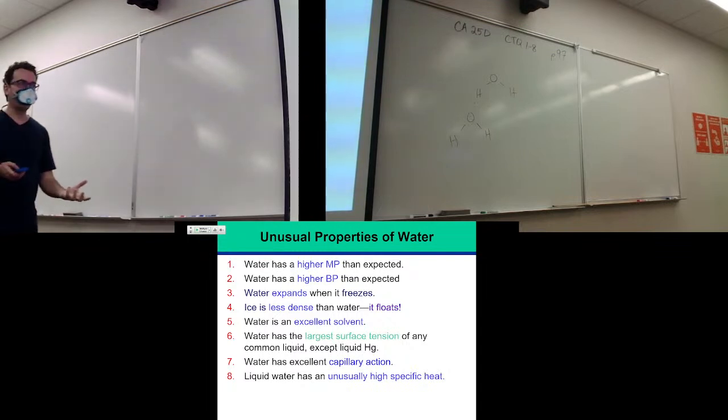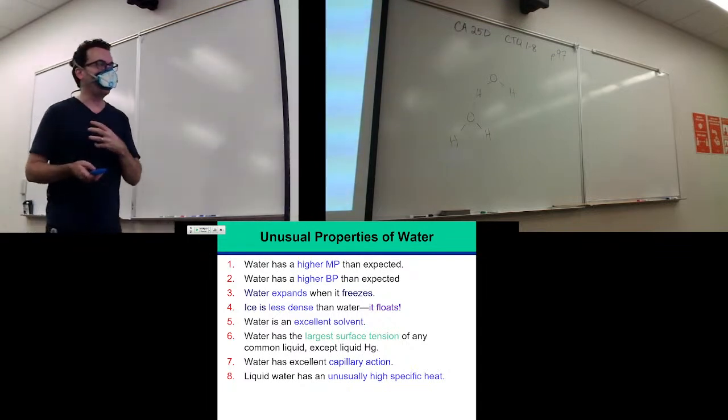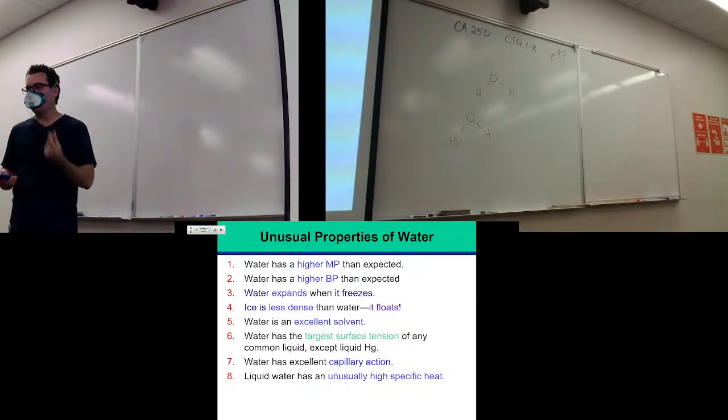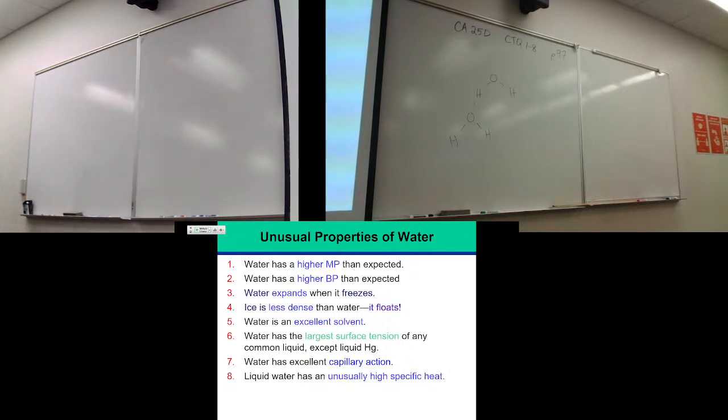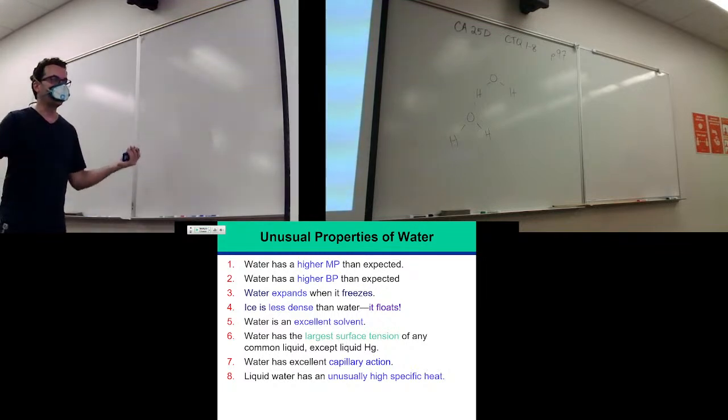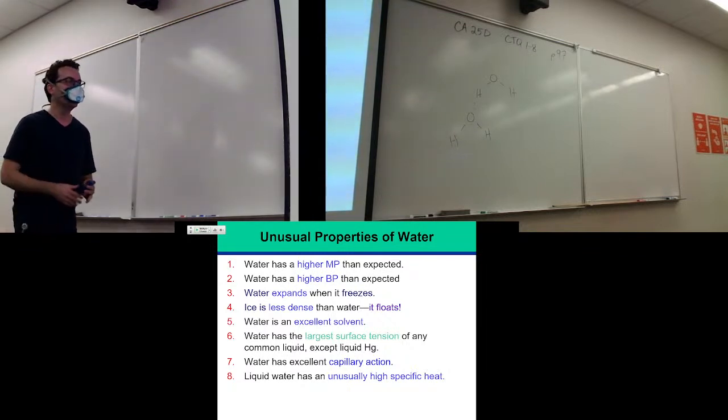And because of the strong IMFs, it's got excellent capillary action. That is extremely important, even though it's not something we think about water doing a lot. But if you study biology, plants, that's how water gets through plant roots and through the stems of any plants. There's no pump. It just gets sucked up through capillary action.